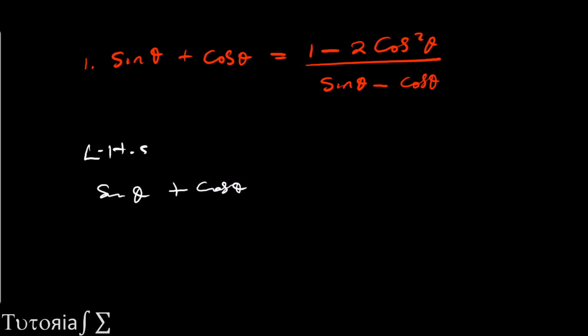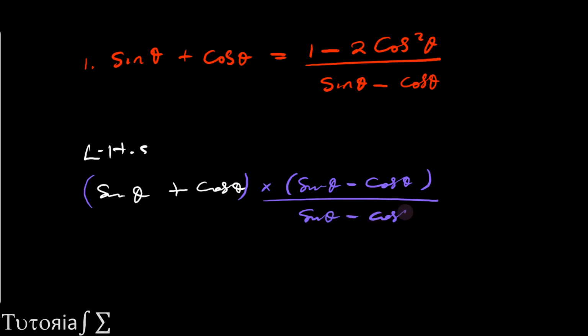Basically, we're going to introduce this term on the denominator, but when we introduce it on the denominator, we have to introduce it on the numerator as well. So that will be times (sine theta minus cos theta) all over (sine theta minus cos theta).